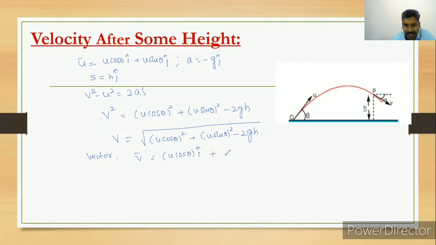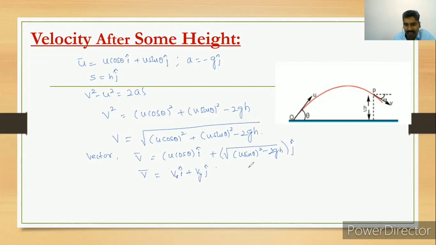Next, plus the square root of u sin theta whole square minus 2gh, and this total term is j cap. It is also in the form vx i cap plus vy j cap.